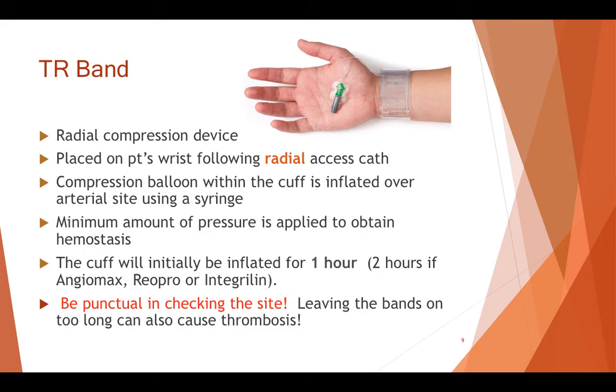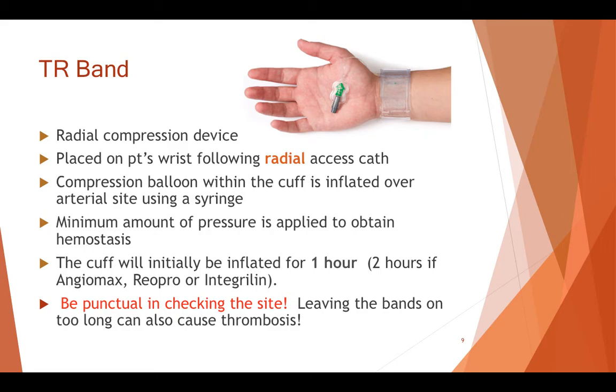And then after you take it off, once you're at that 2-hour mark, you're just going to have to take it off, and you might have to use manual pressure. And I've had instances where I've literally sat on the patient's bed holding my hands on that artery to get that to stop bleeding. But if you really experience any complications, you can just call down to the cath lab staff. They'll send someone to help you with minimizing the bleeding.